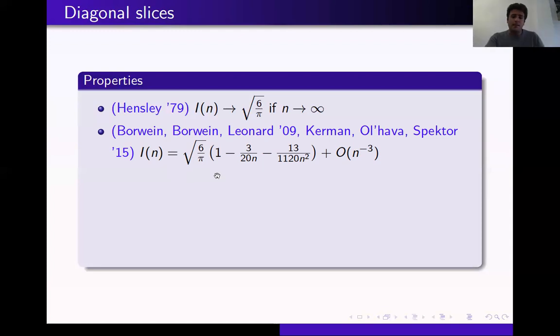So basically, Borwein and Leonard proved that if the sequence I_n admits such a representation as a power series, then one can attempt to compute each of the coefficients of such an expansion one by one, so to say. That was the idea in the proof of Borwein and Leonard.